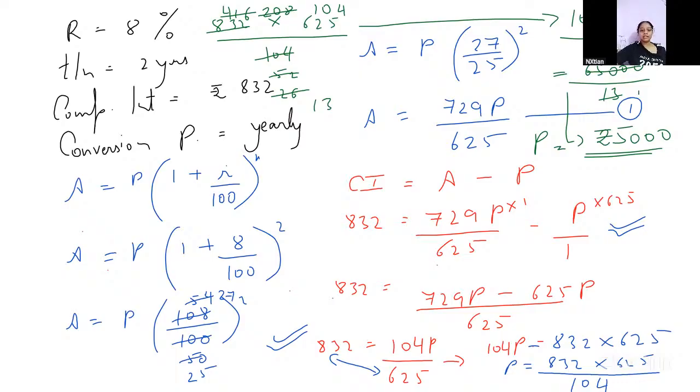You will get 65,000. In the table of 13, 65 is coming how many times? 5 times. 13 5s are 65. So I have cancelled and put 3 zeros. So P becomes 5,000.